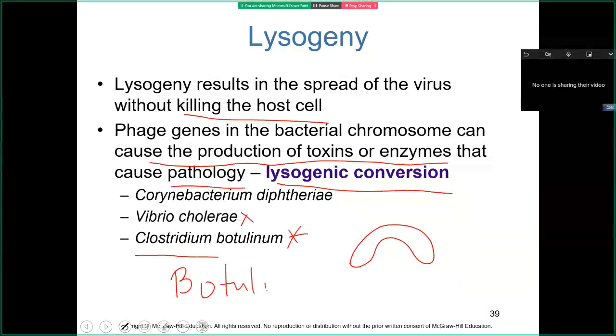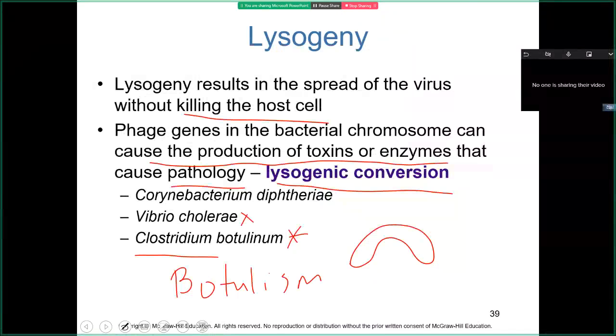So if you don't can your vegetables properly, if you don't use a pressure canner to sterilize and kill all of the microbes that are on the food, you could wind up with botulism if you were to eat those, say, green beans that were not properly canned, because the Clostridium botulinum continued to persist in there. And the reason it produces the botulism toxin is that it's been lysogenically converted by a virus.